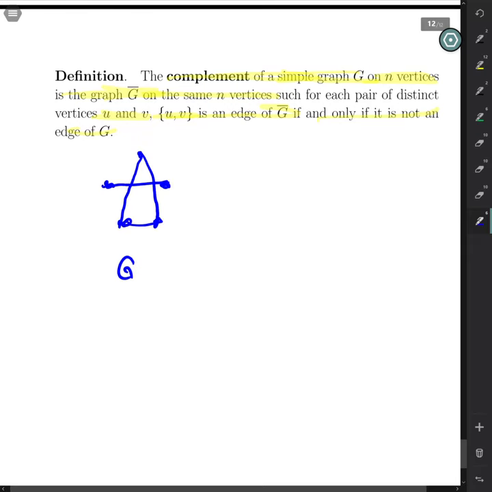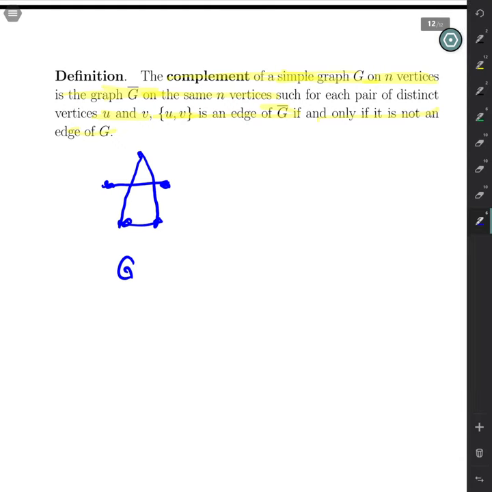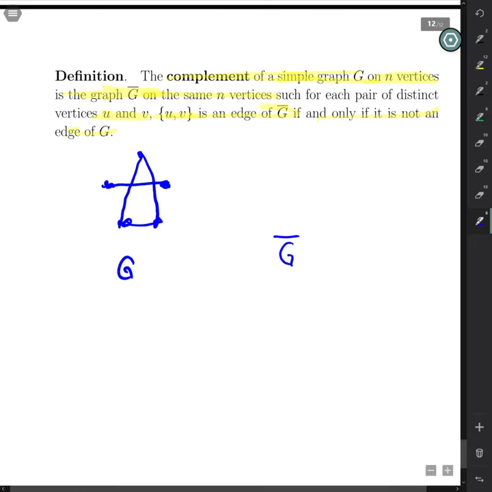So that's G, and its complement would look like, well, for the complement, what I'm going to do is take the edges that I didn't include here. So 1, 2, 3, 4. I didn't include that edge, and I didn't include that edge, right? So I think that's all of them there.